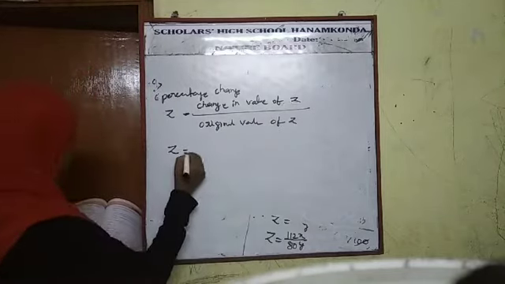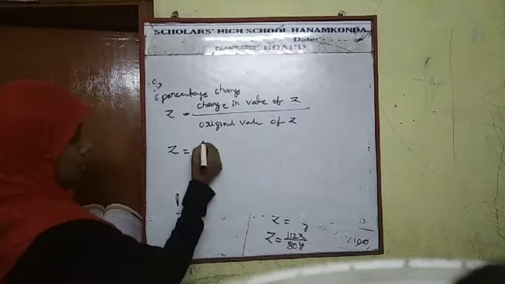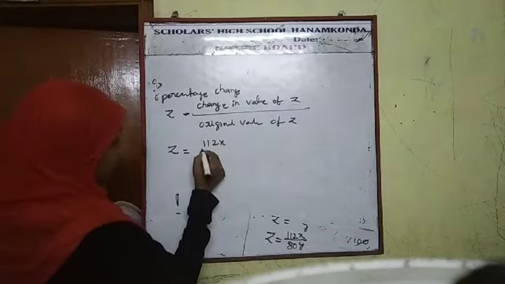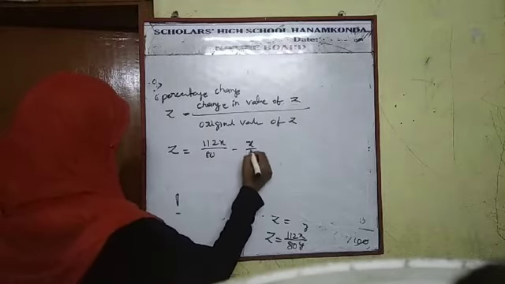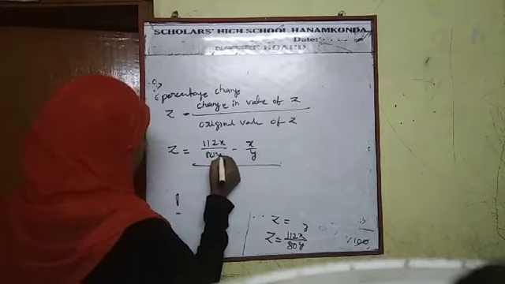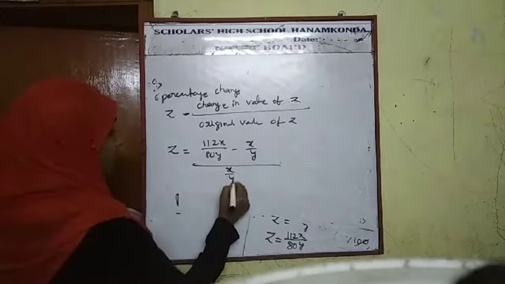Here the changing value is 112x by 80y minus what is the original value? That is x by y. Next, original value what? x by y.